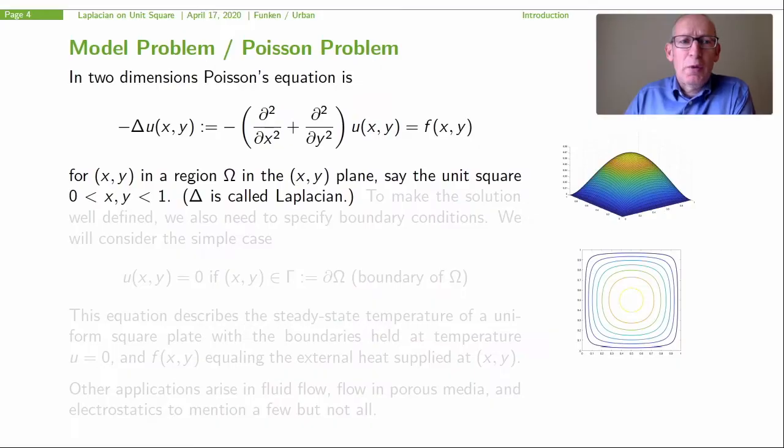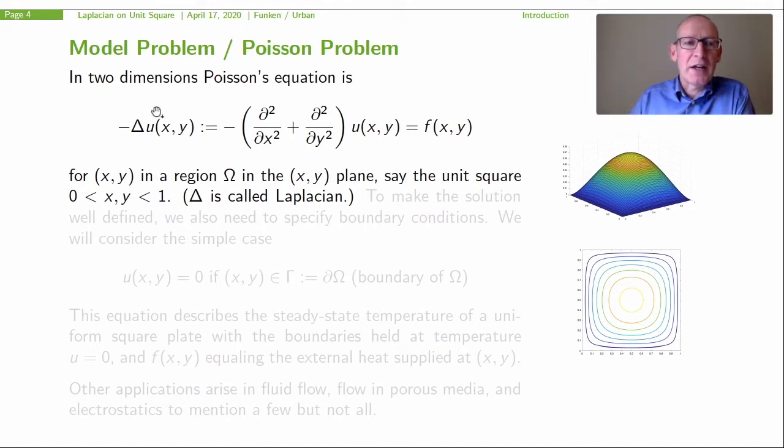So here we have the model problem we would like to consider this session. It's the Poisson problem. We have the two-dimensional problem. We're searching a function u depending on both space variables x and y, which satisfies the equation minus Laplace u.